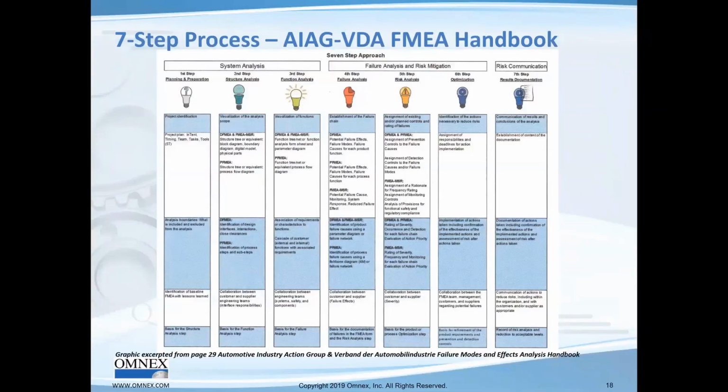This, folks, is a 7-step process that came from the VDA 5-step process. So you can just imagine that our European friends are very systematic, and they want to follow quite a set pattern. And these are the 7 steps they came up with. If you look at the very top there, you can divide it into system analysis, failure analysis, and risk mitigation.